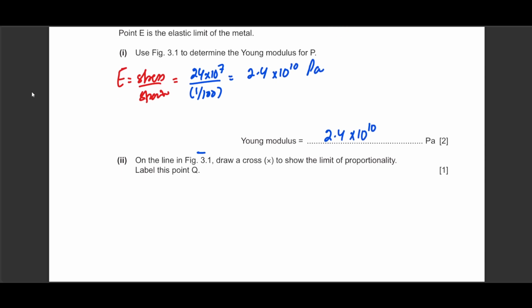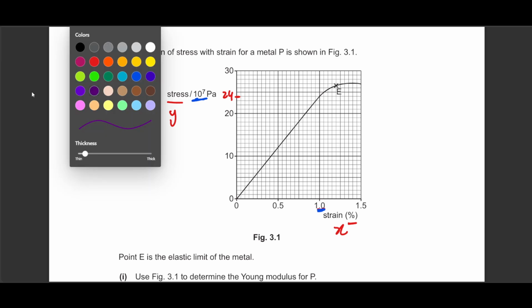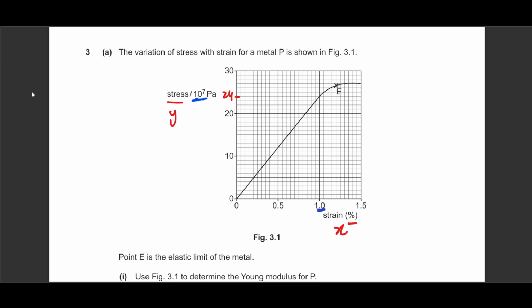On the line 3.1, draw a cross to show the limit of proportionality and label this as point Q. Now we know from our experience that wherever the graph starts to curve is where it starts to leave Hooke's law. You see, wherever the line is extremely straight, this is the region where it follows Hooke's law.